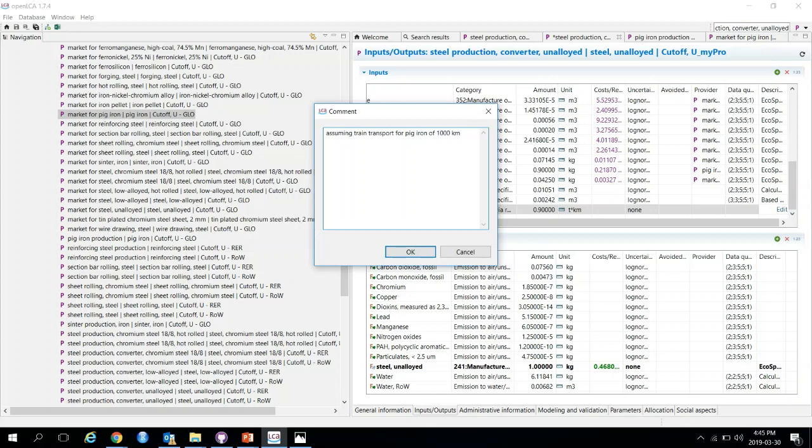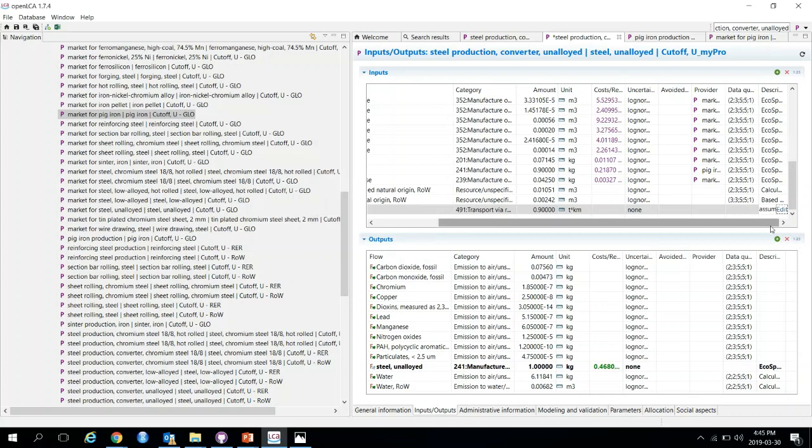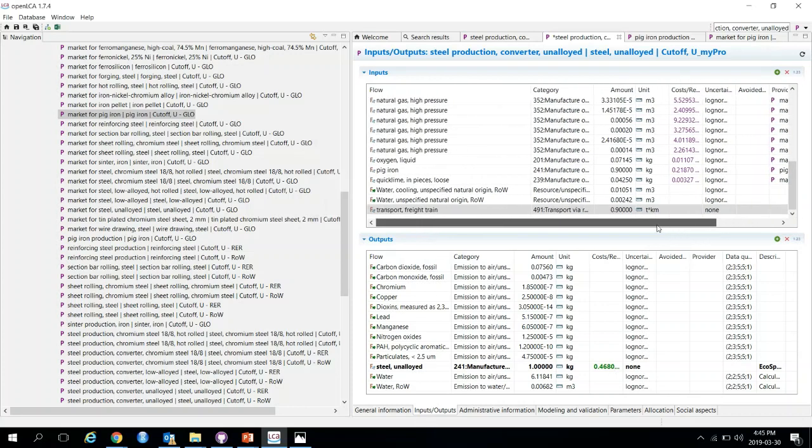This may not be exactly accurate, but I'm just putting this assumption in now for the purpose of the lesson, to emphasize that when you delink a market mix process, you're no longer accounting for transport, and you need to, unless of course the input is happening on the same site as the process you're working on. But here we're assuming it's 1,000 kilometers away, so it's going to go via train.